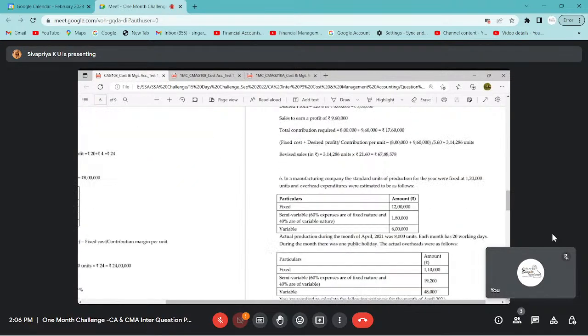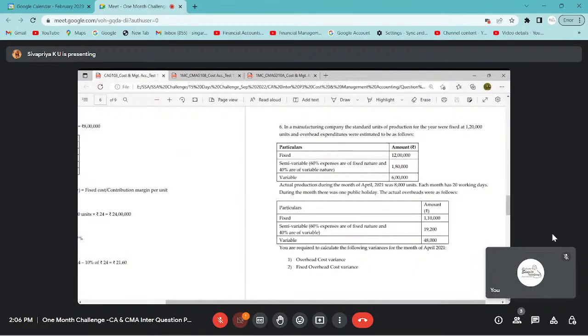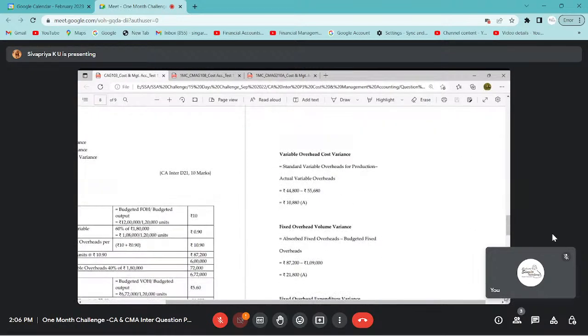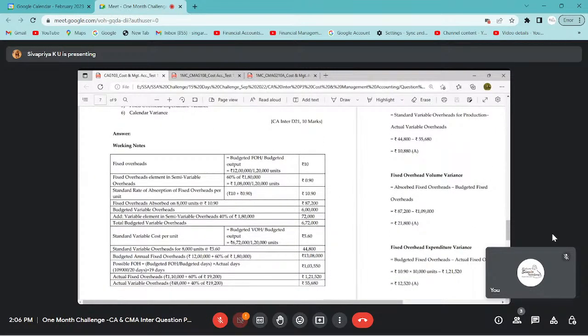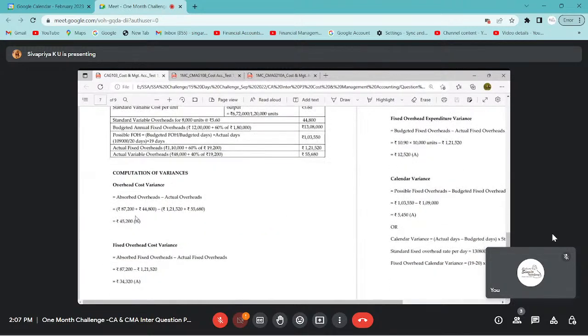Then question number 6, we have the variance. You have to calculate the overhead variance, fixed overhead, variable overhead, fixed overhead volume variance and expenditure variance, and calendar variance. So this is the basic calculation and working notes. Overhead cost variance is 45,200 adverse. Fixed overhead cost variance 34,320 adverse.